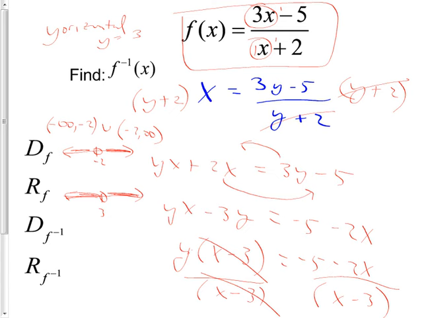The domain is just whatever makes the bottom crash or square roots. But the range is not about the bottom. The range is about going from negative infinity to positive infinity, from how low to how high, and the only thing that stops you there is horizontal asymptotes. So every time you're doing the range, you're doing the horizontal asymptotes. So you're looking for those. And if there aren't any, then that would mean everything would work.